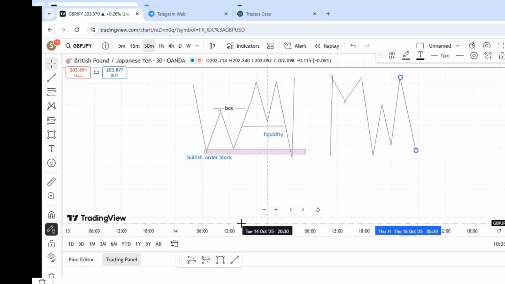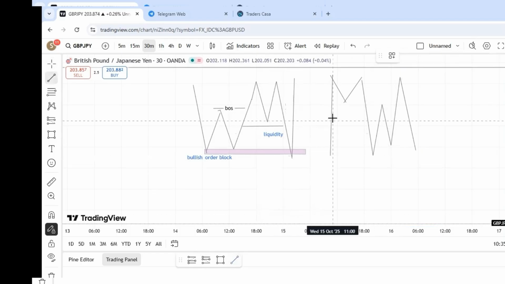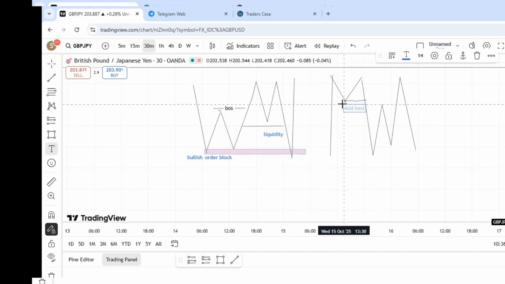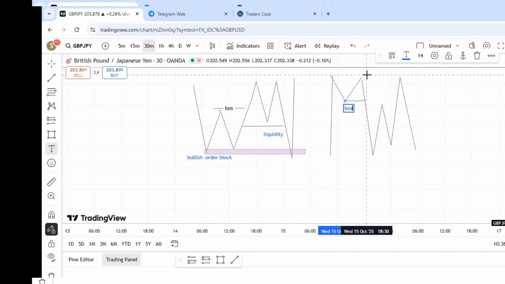Price came here, this is a BOS, break of structure. And this is the bearish order block.